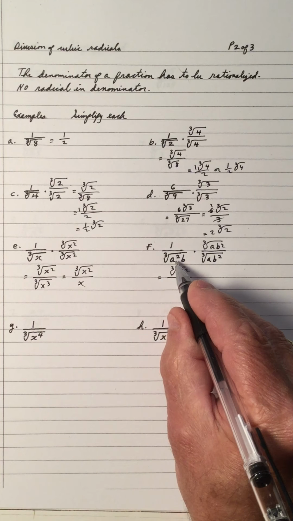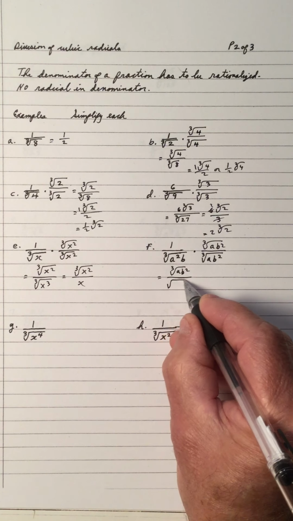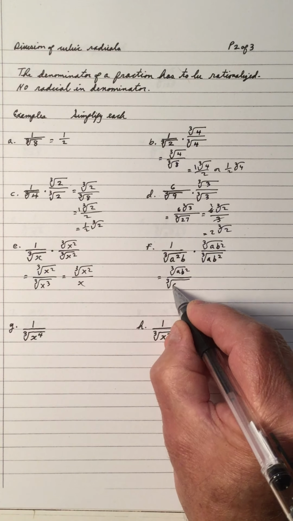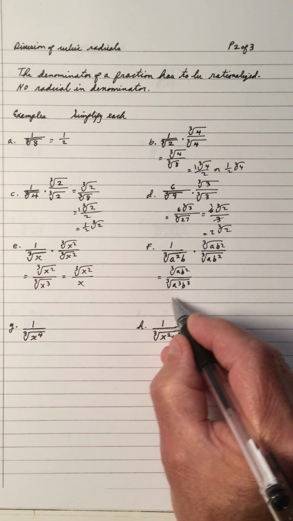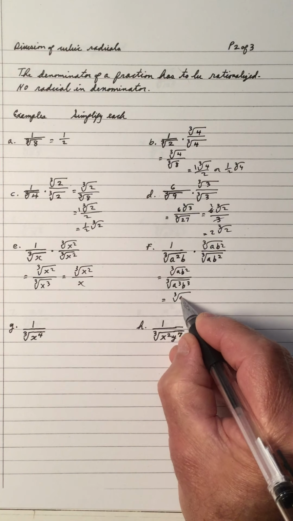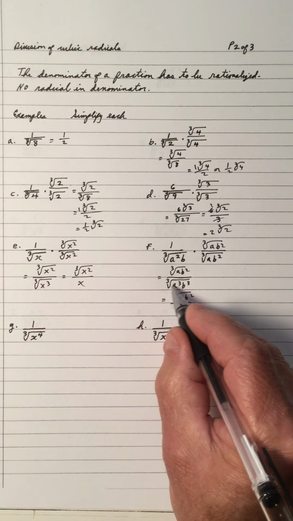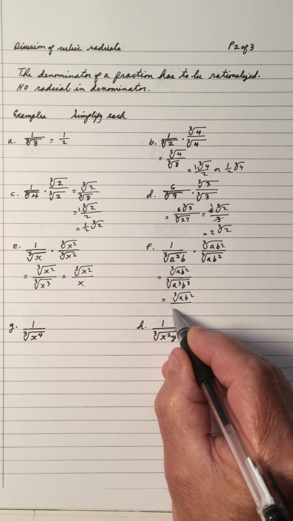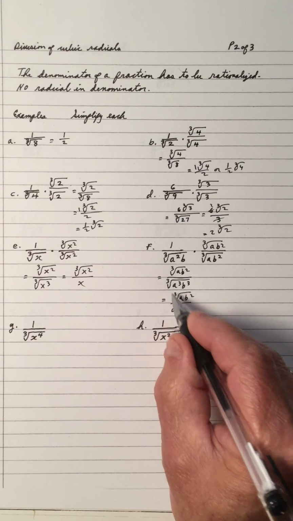So the cube root of a squared b times the cube root of a b squared is the cube root of a cubed b cubed. And that becomes the cube root of a b squared on top. Can't simplify it. The cube root of a cubed is just a. The cube root of b cubed is just b. 3 divided by 3 is 1.